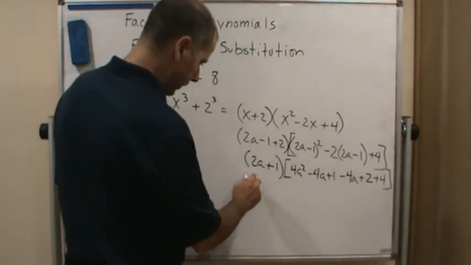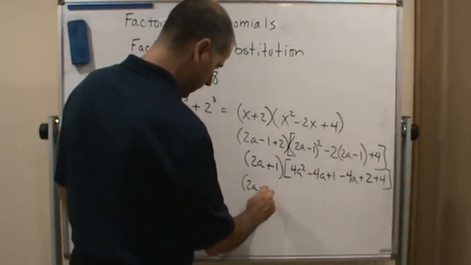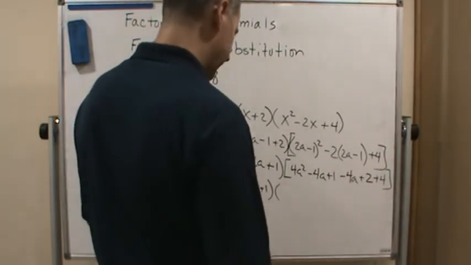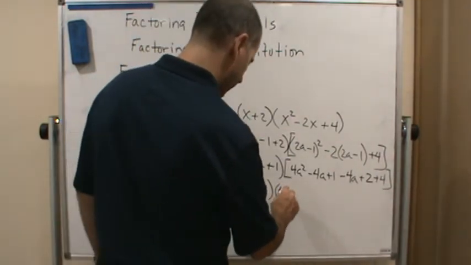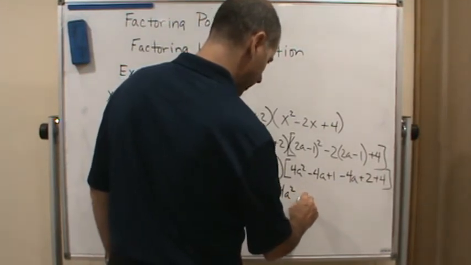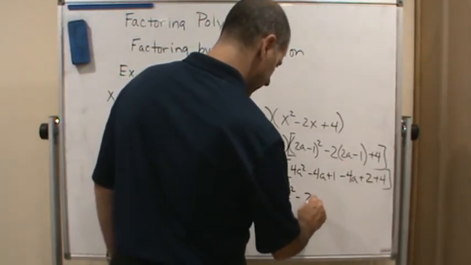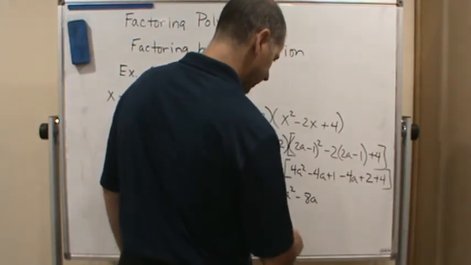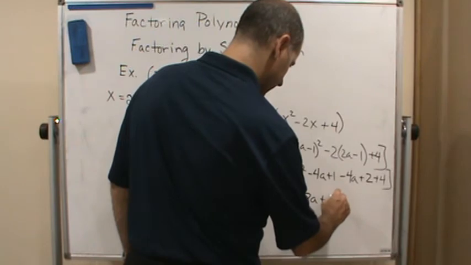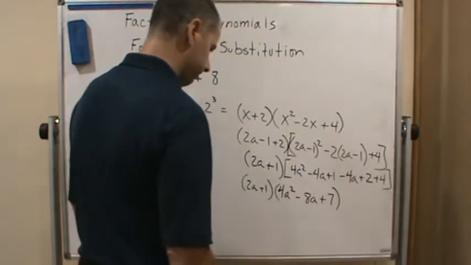So now, what do I get? I get 2a plus 1 times, well, what do we get here? We get 4a squared minus 8a plus 7.